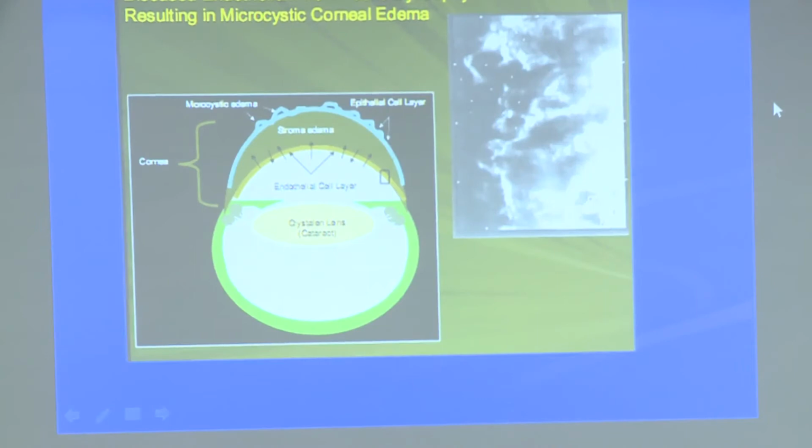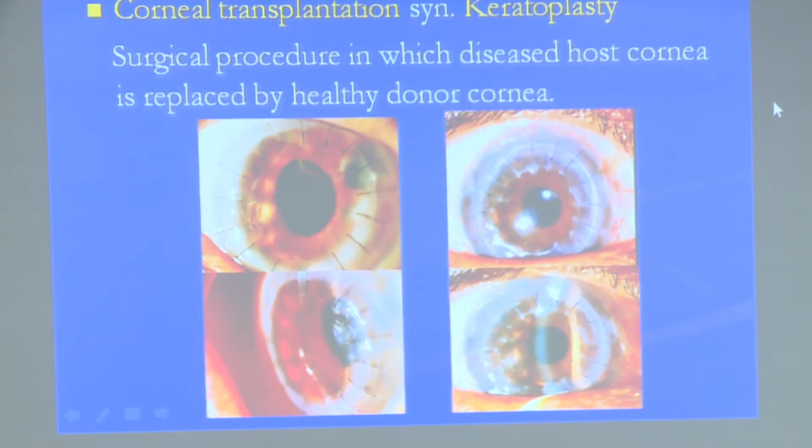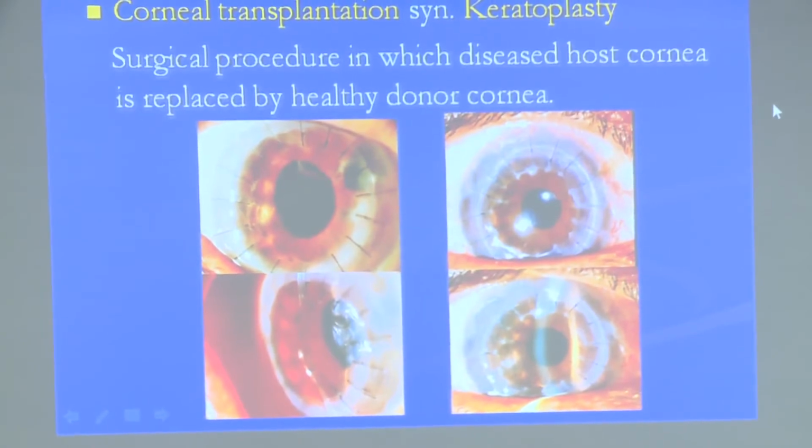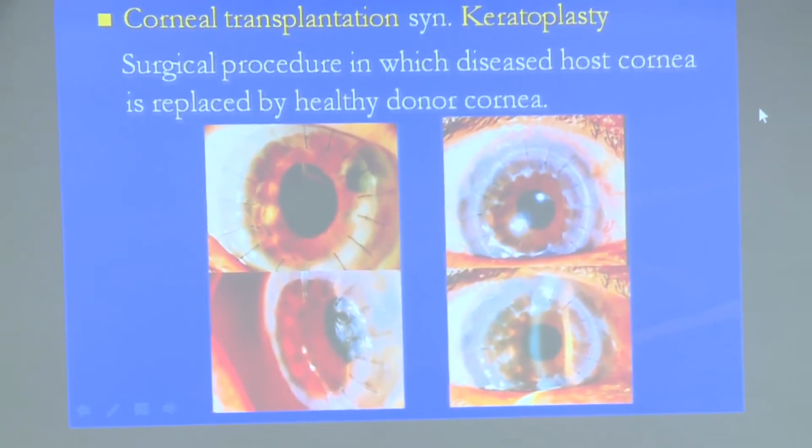Once the cell count drops below 700, the chances of corneal decompensation increase, and we get symptoms of bullous keratopathy.